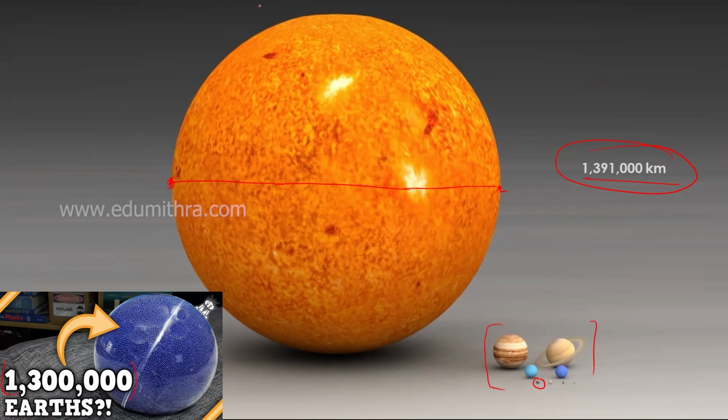If you start to drop Earths one by one to fill the sun, it is not actually possible, but we are assuming it to see the size. That is how huge the sun is compared with the size of Earth.